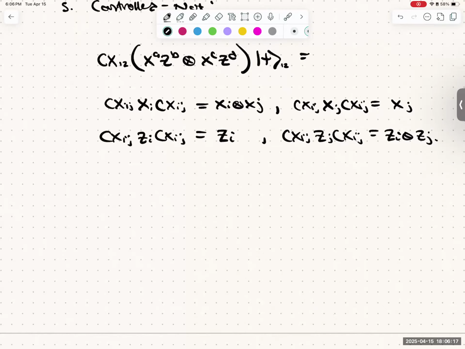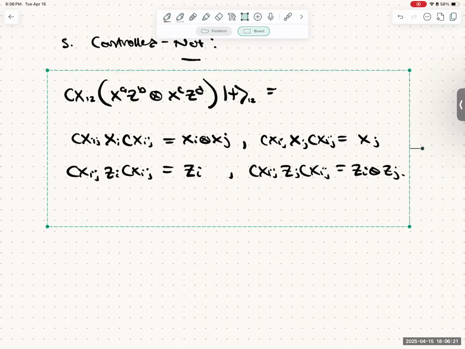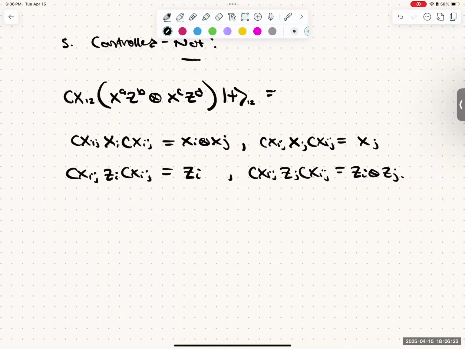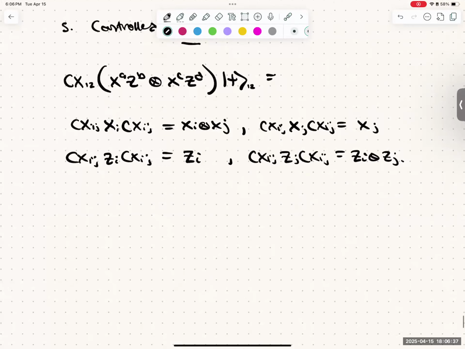So basically, once you have this thing, I will not derive the exact form, but you can see that you pick up some additional factors of X if you're applying C naught on the first X. And then the same thing for Z on the second qubit.